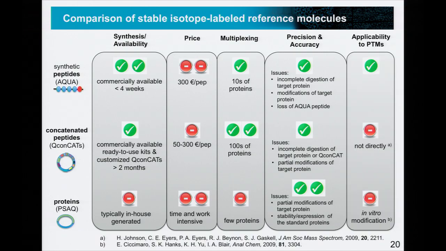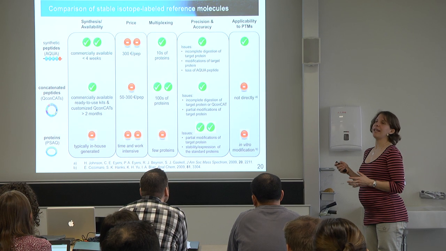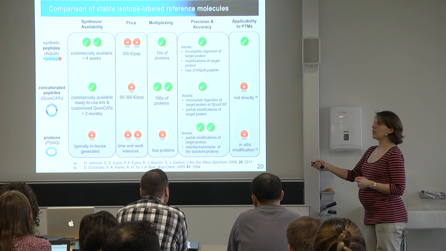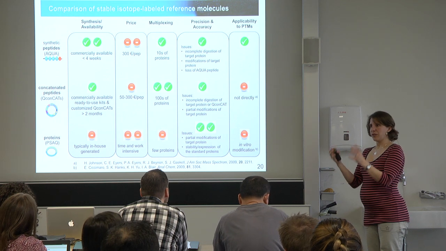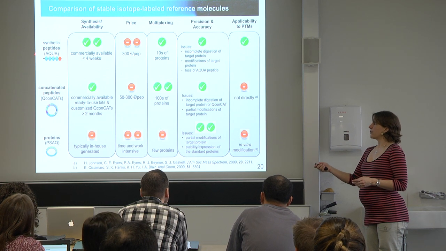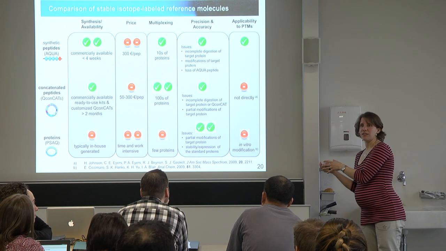And finally, if you are interested in doing absolute quantification on PTMs, the only direct way you're left with is working with these synthetic peptides, because only here can you quantitatively, so to 100%, introduce certain PTMs by using the appropriate modified amino acid during the synthesis.